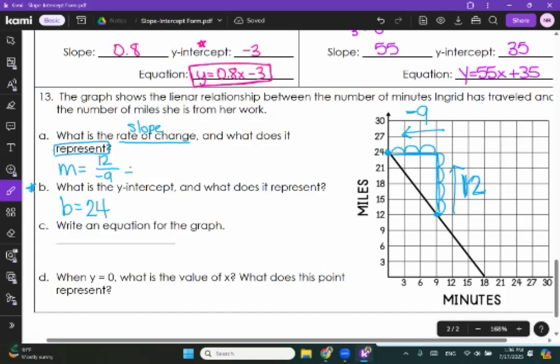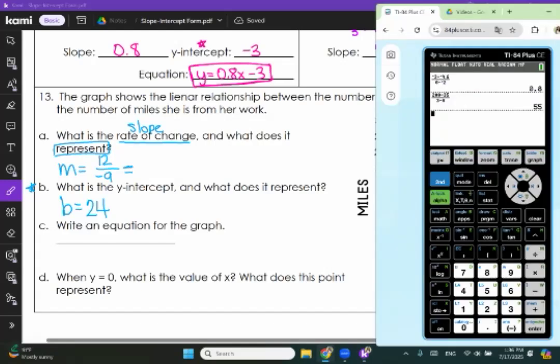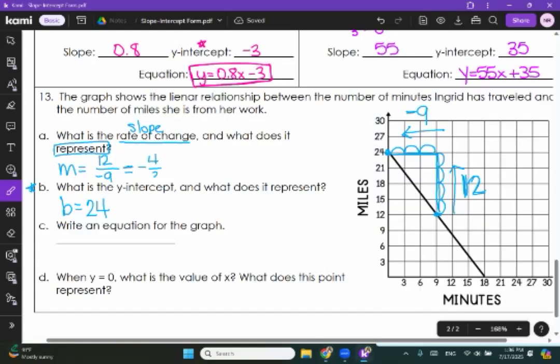Simplify any and every fraction. So 12 over negative 9 gives us negative 4 over 3. But once again, why is it negative? We talked about this. It's negative because she is getting closer to her destination.